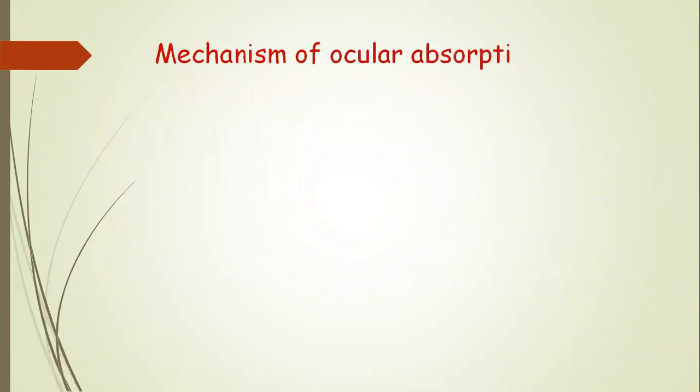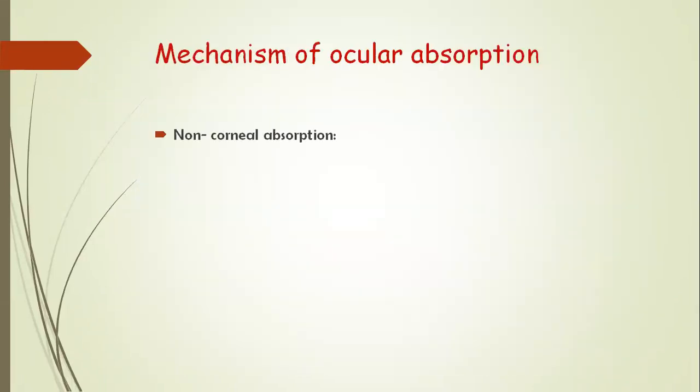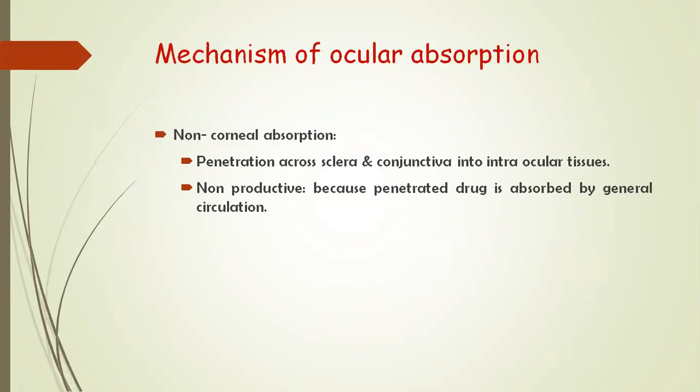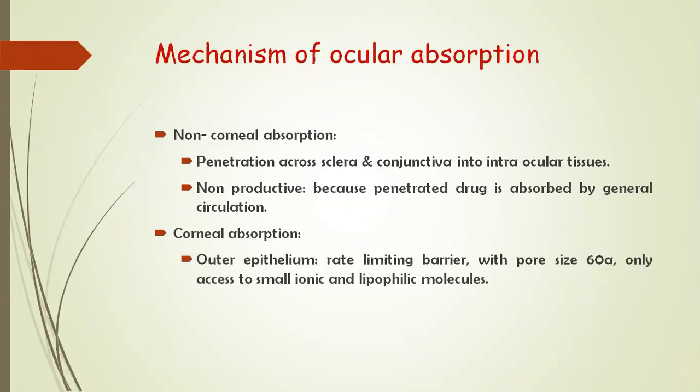So mechanism of ocular absorption, there is non-corneal absorption, that is not from the cornea, that is penetration across the sclera and the conjunctiva, and it is non-productive because the penetrated drug is absorbed by general circulation. Second comes the corneal absorption, that is through the cornea, that is the outer epithelium.